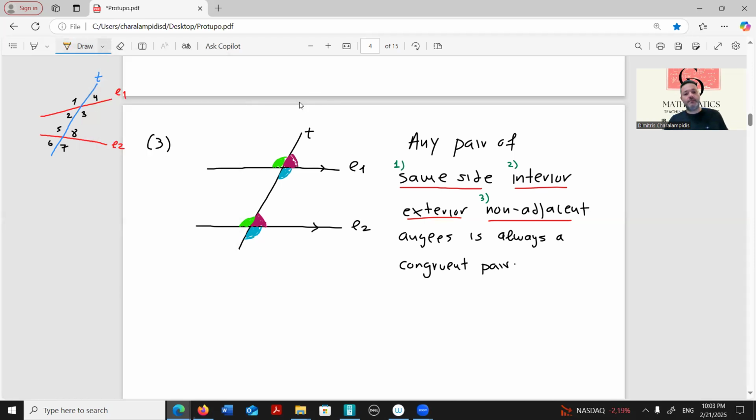And finally, this pair, interior, exterior, non-adjacent. These specific pairs are also referred to as corresponding angles.